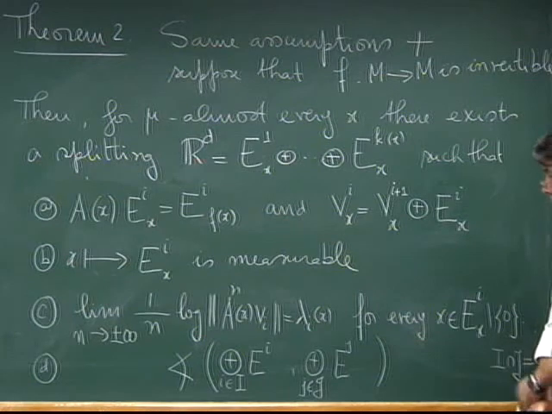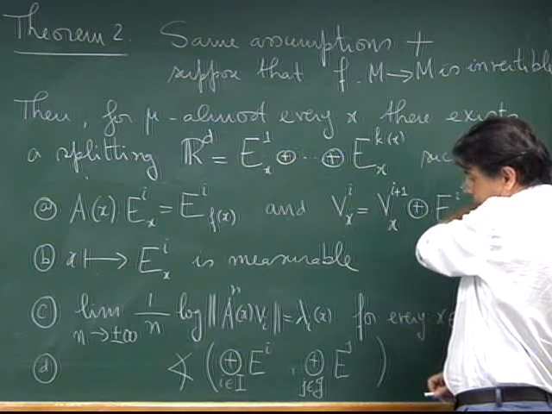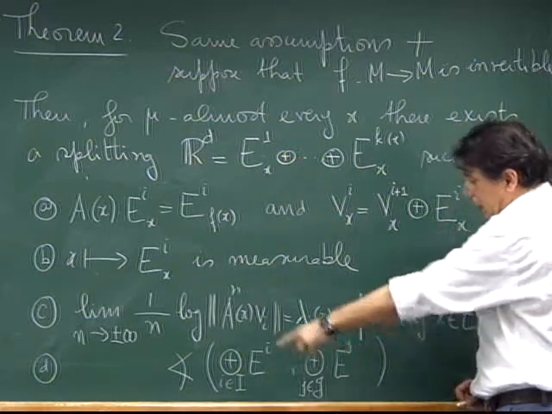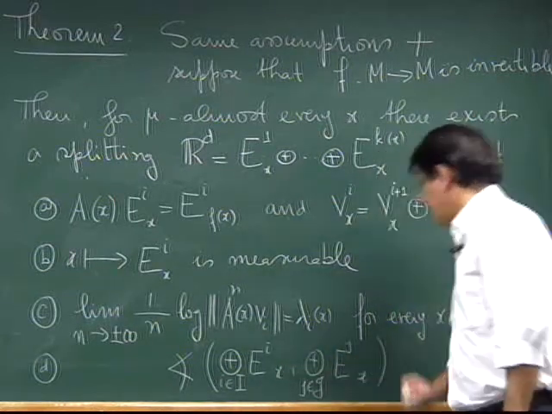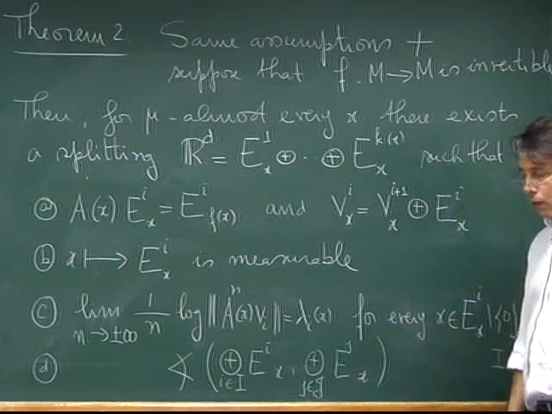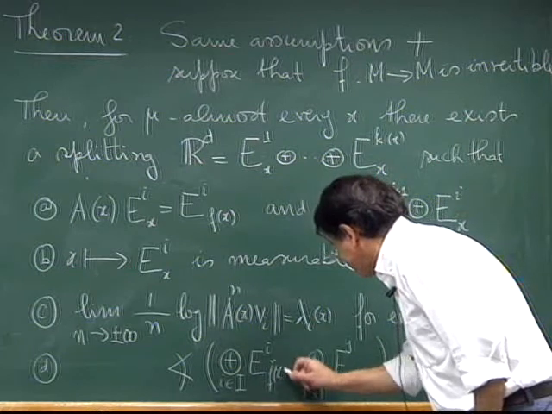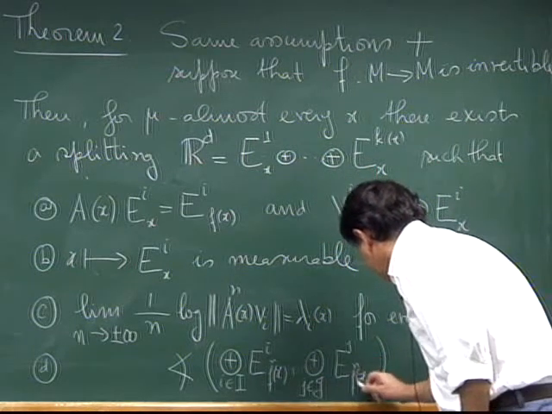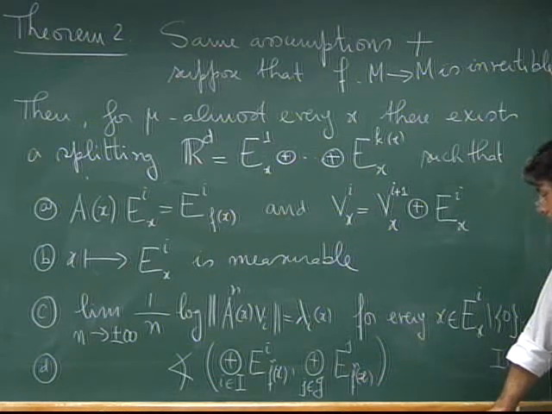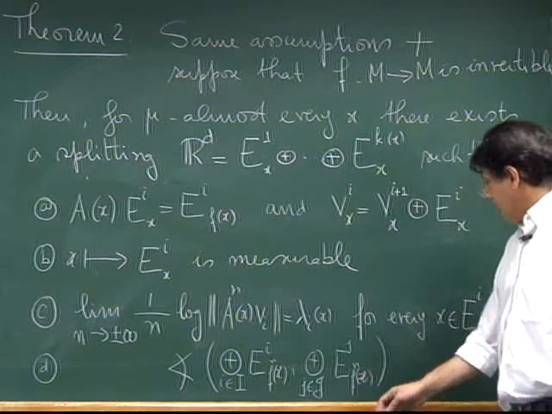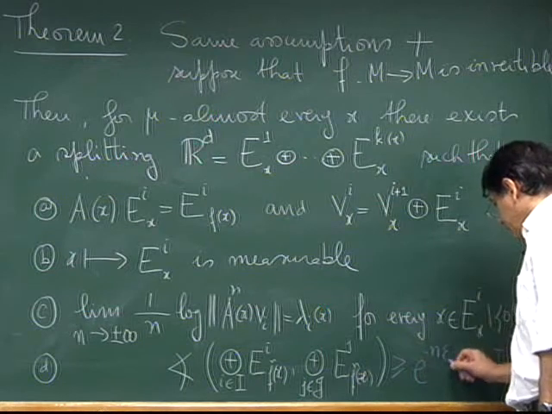Take a bunch of these subspaces, take them all together. Another separate bunch of these subspaces, take them all together, calculate the angle at a certain point x. Now, do better than that. Do that for every iterate of x. What I'm going to write here says that this is bigger than e to the minus n epsilon.